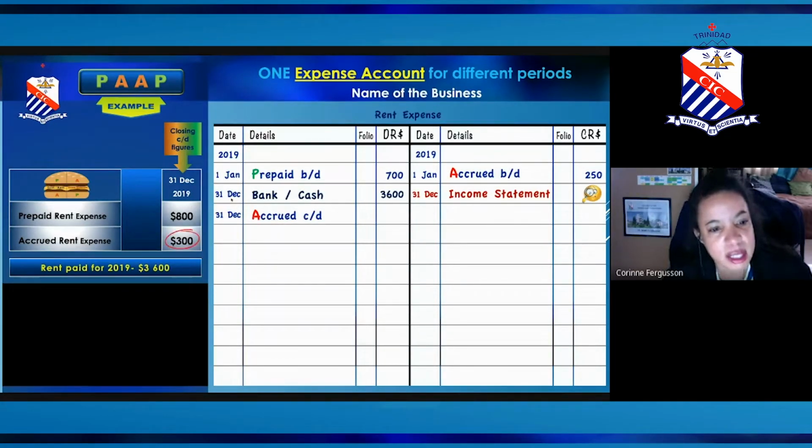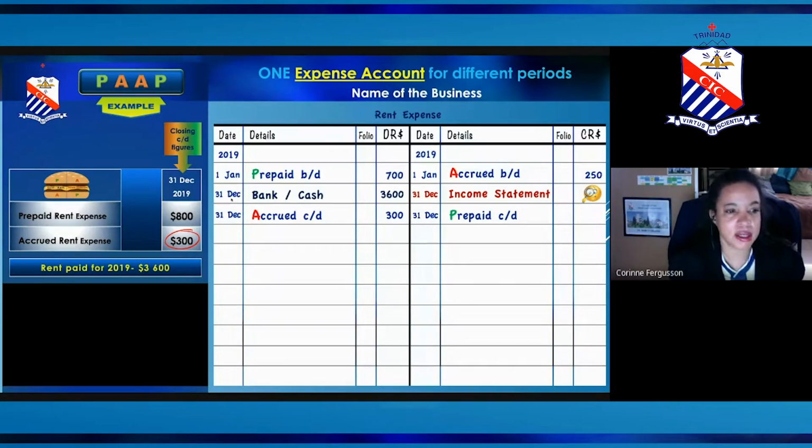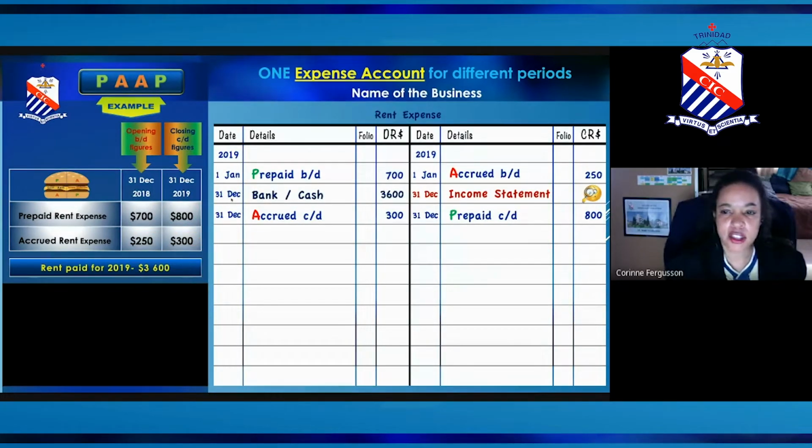You check to see, is there any? Yes, there is 300. So you put it in, and then your last one, your last P, prepaid carry down. You check to see, is there any prepaid rent? 800. And you plug it in there.